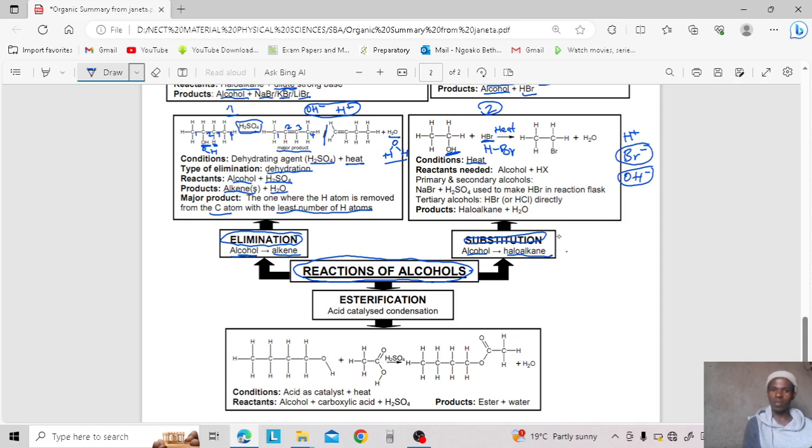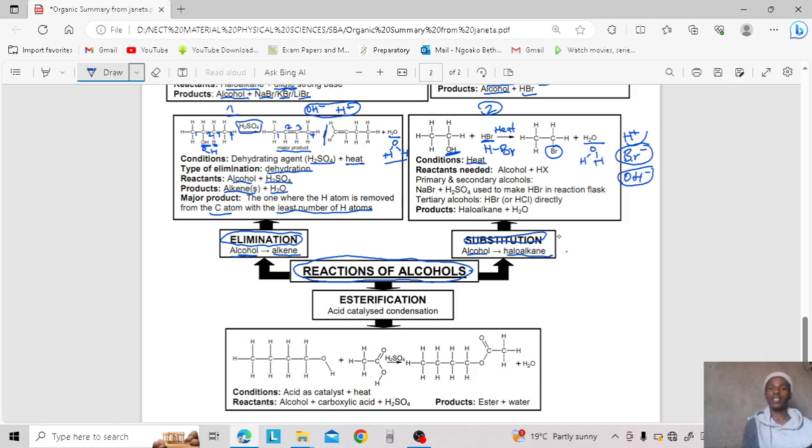Hence OH minus is replaced by Br. Then the OH changes position, OH bonds to H, and then they form water. That is the form of water, which is this one.